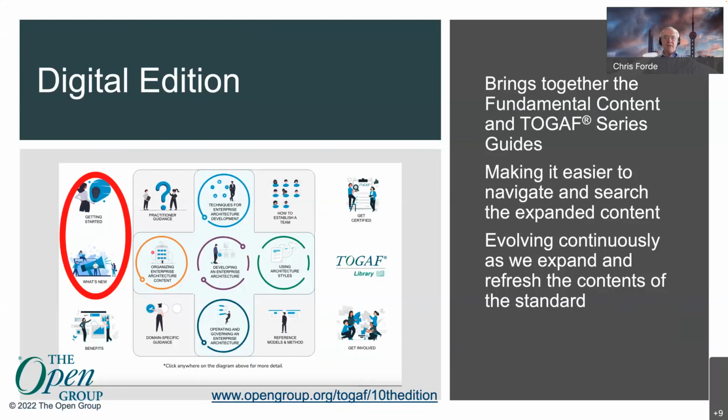Now, the intent here is to bring together the fundamental content and the series guides and to make it easier to navigate and search across that material. There's a lot of cross-linking in here, and to evolve continuously as we expand and refresh the content of the standard through this dynamic environment. Now, of course, you can still download the PDF bundles and order the paper books and use those formats in any combination you wish in order to get your work done and in order to learn, okay?